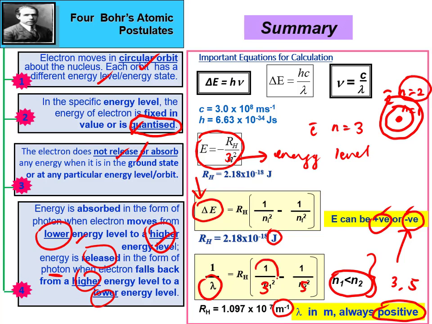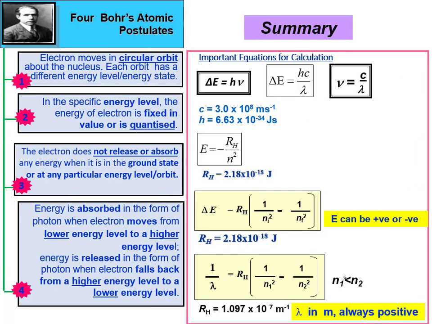So when you have higher value minus lower value, the value of lambda will be positive. N1 is 3, the smaller value, N2 is the higher value, which is 5.